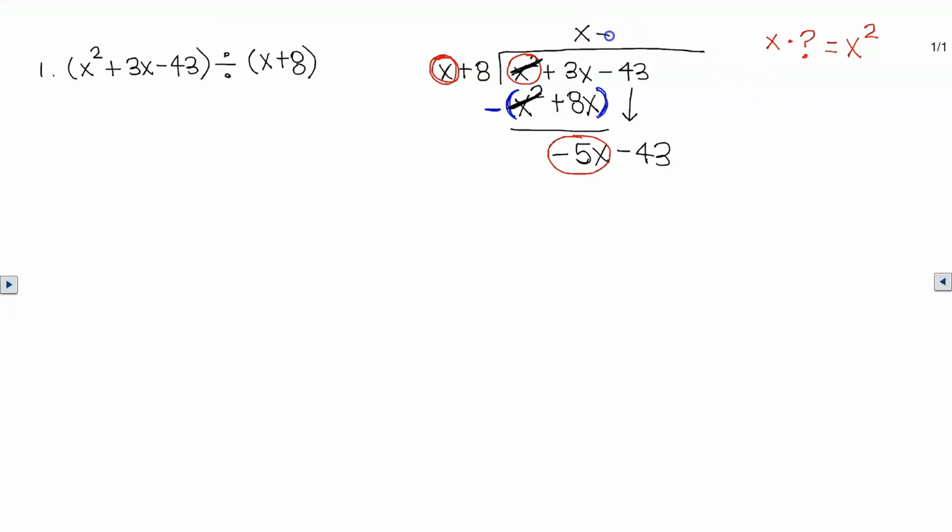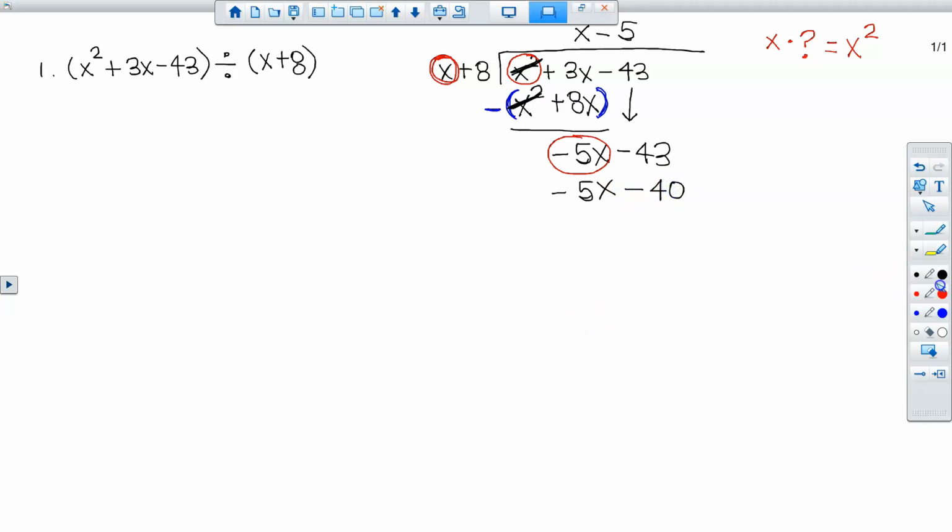So x will go into negative 5x negative 5 times. So we'll put that up at the top. Now that negative 5 is going to get multiplied by this x plus 8. So we'll do negative 5 times x, which is negative 5x, and then negative 5 times positive 8 is a negative 40.